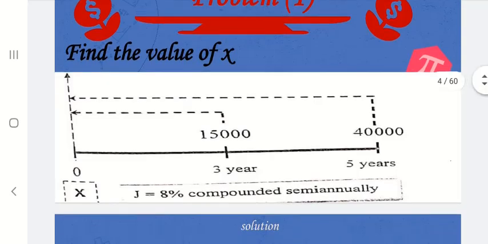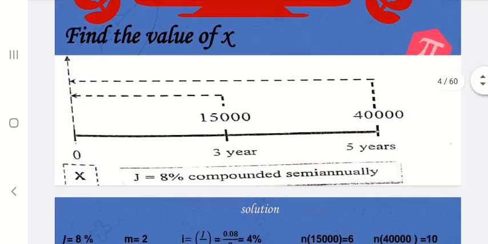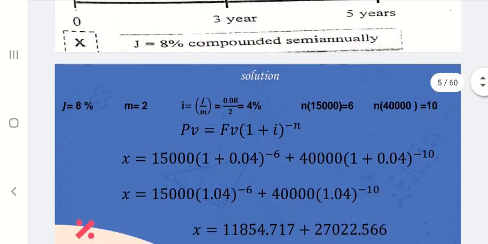Note that n for X equals 0, because the distance between the maturity date and the focal date equals 0.